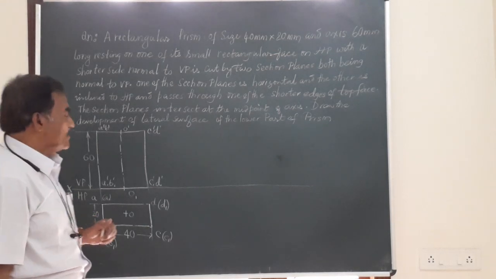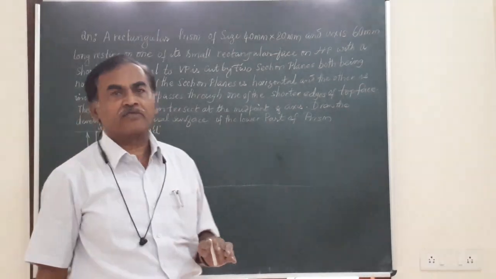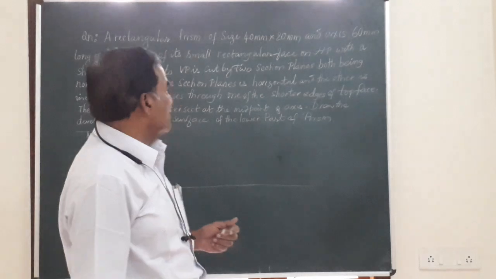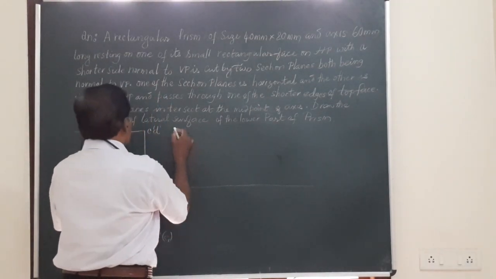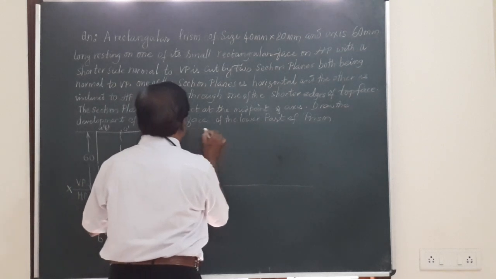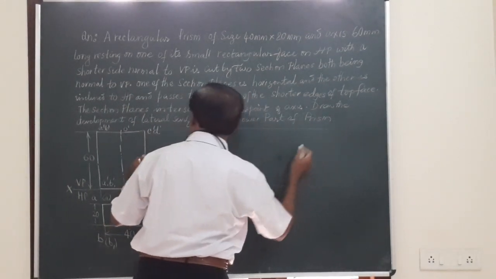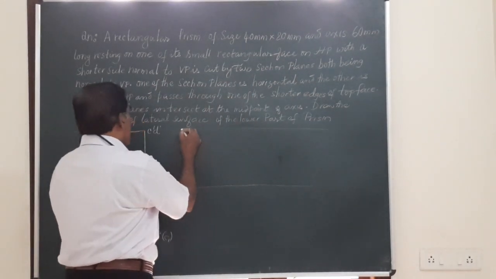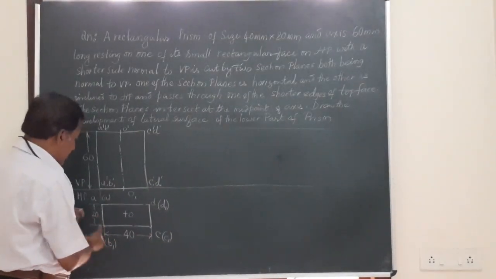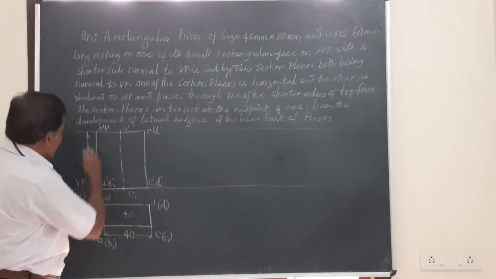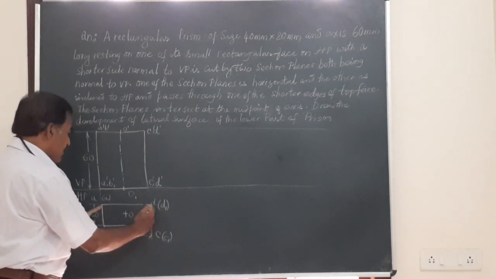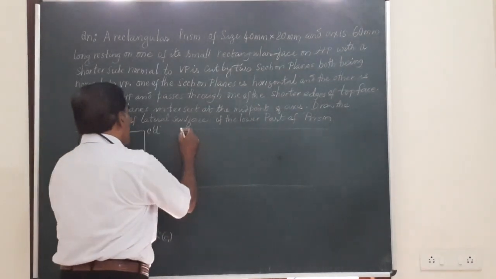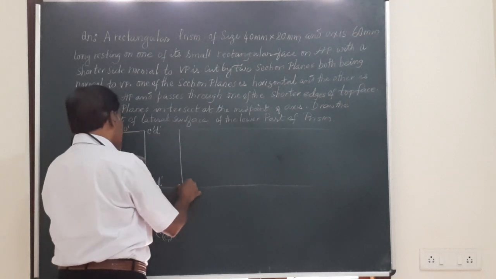Now here friends, let us assume that the rectangular prism is not cut by any section plane, and hence in the development there will be four rectangles, and here I will just mark. One will have 20 by 60, this will be 20 by 60, this is 40 by 60. So I am going to mark those four rectangles.